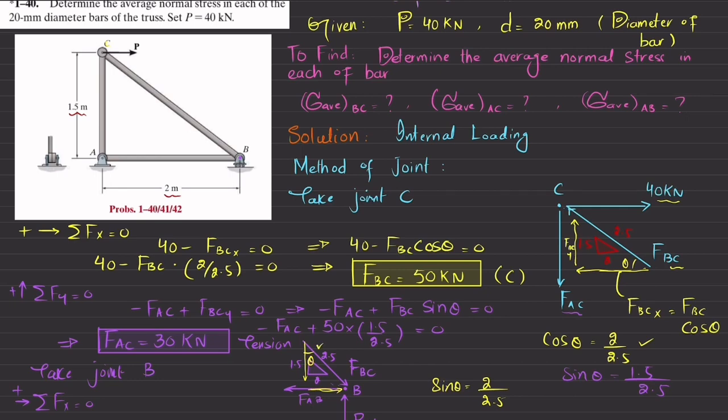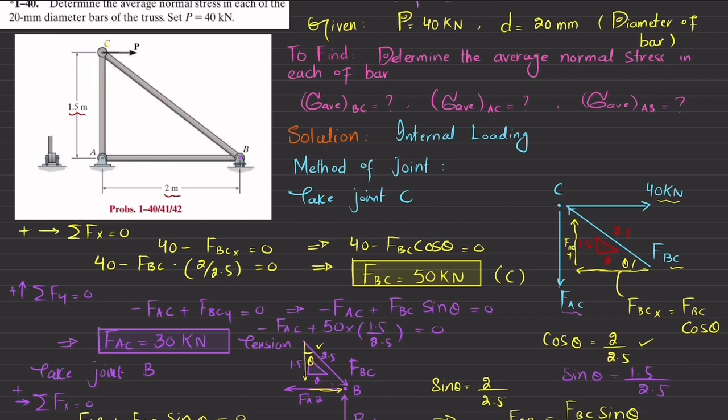So here this component FAB is in the negative direction, so minus FAB plus this component FBC into sine of theta will be equal to 0. So from here you will get FAB is equal to FBC into sine of theta.